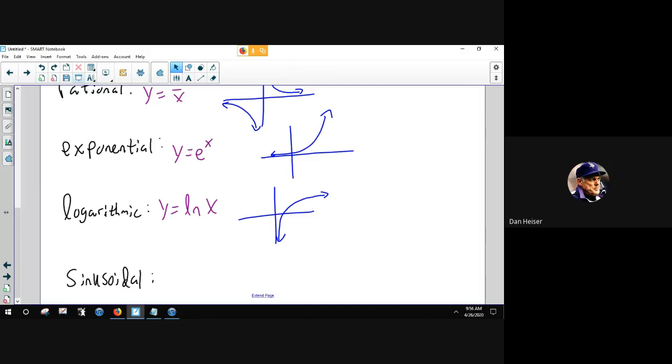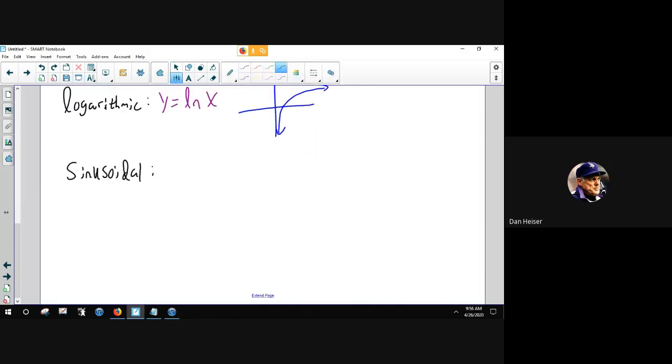Last but not least, the sinusoidal functions. And yes, you will see a lot of these in calculus as well. All in color. And from our work earlier in the year, we know that this is either y equals sine x. We could also say y equals cosine x. Doesn't matter.